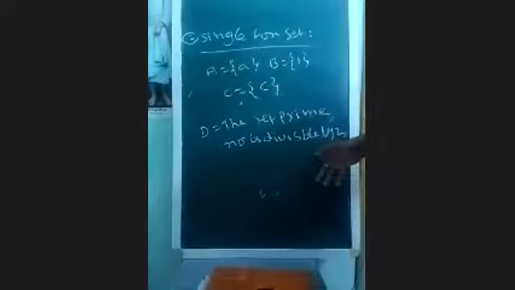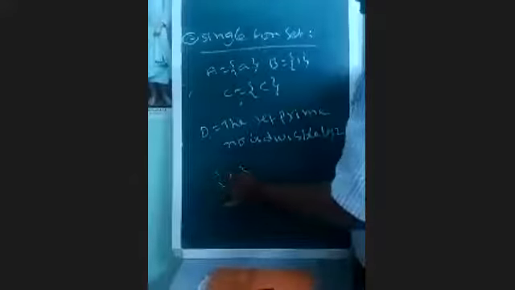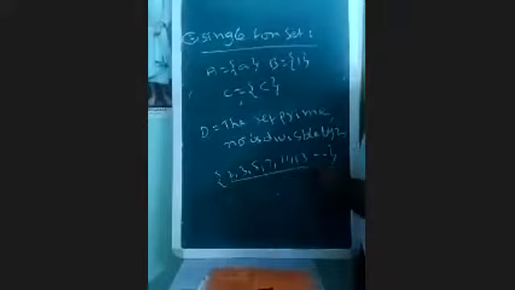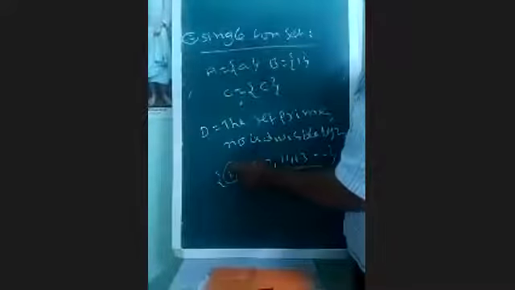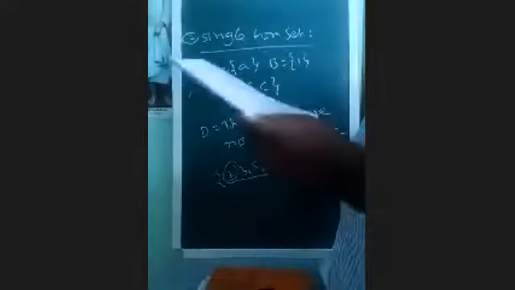This is called a singleton set. You have observed the primes 2, 3, 5, 7, 11, 13, etc. Which number is divisible by 2? Only 2, only one number. So this is called a singleton set. Okay, next one.